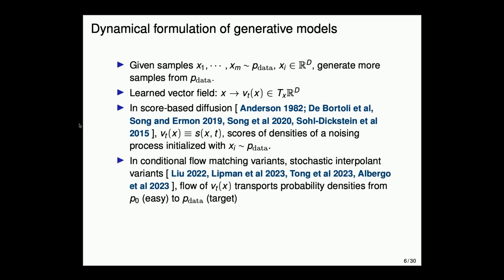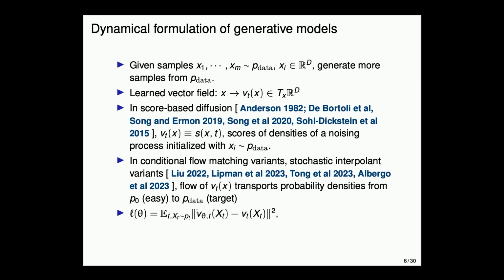Now, in conditional flow matching, stochastic interpolants, or flow based generative models, this vector field is again represented as a neural network, but the principle is that the vector field has to be such that it flows some P0, which is some easy distribution, to the target distribution in finite time. In other words, we have some loss function. This is our optimization problem.